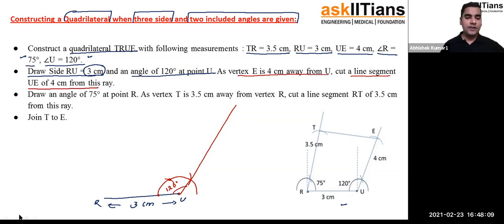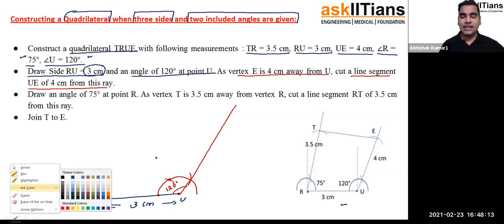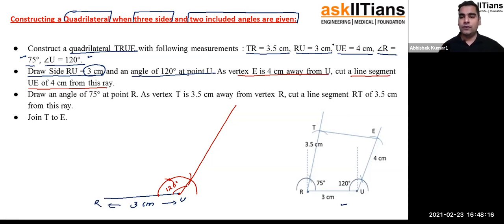Now, as vertex A is 4 centimeter away from U, cut a line segment UE of 4 centimeter from this ray. What are they trying to say? Let me show you. We know the value of UE, and UE is equal to 4 centimeter, and we can easily draw it. You have to assume U to be the center and mark an arc whose length is equal to 4 centimeter on this. Let's say this is the arc, and the arc is going to cut at this point.